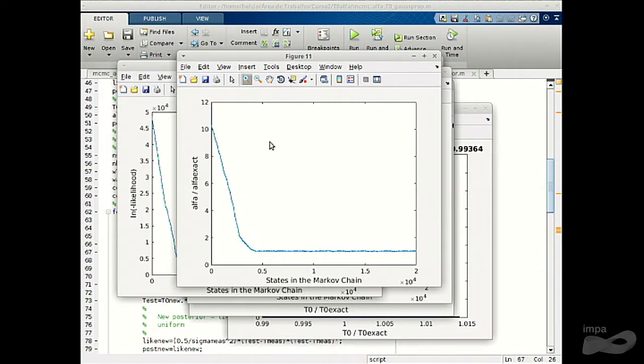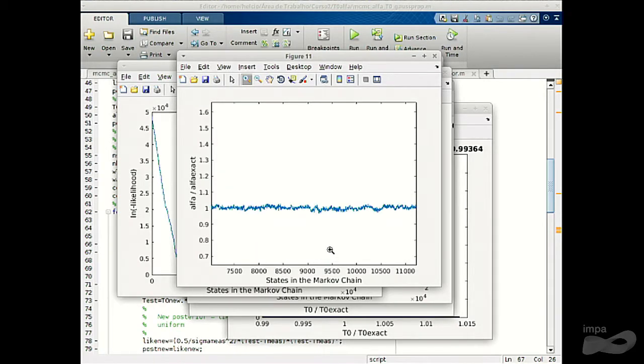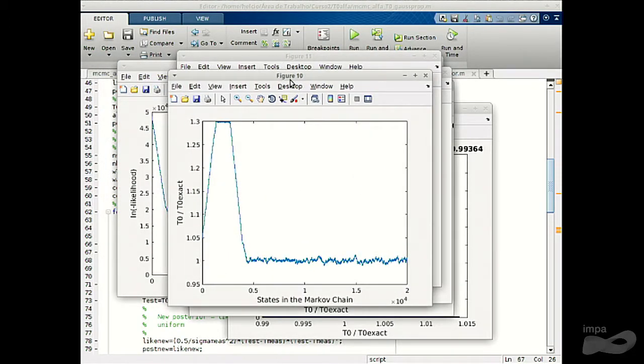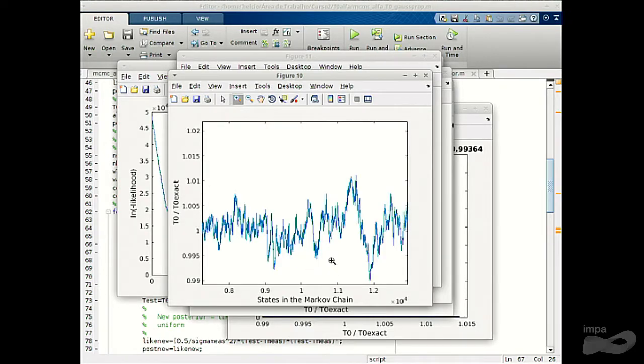Again, we can see that it's a very nice chain. And actually, in this case, we get a nicer chain for T0 than we had before with the uniform proposal, okay?